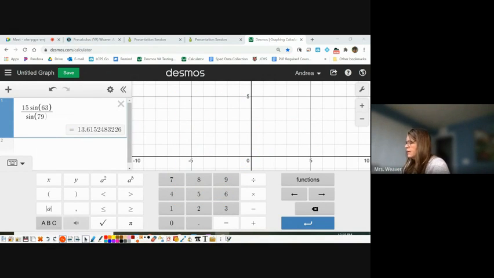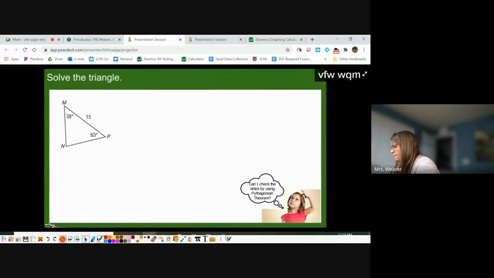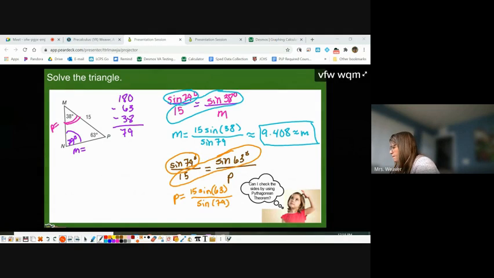Okay, and what did you get? I got 13.615. If we're rounding to 3 decimal places, 13.615. So P is approximately 13.615. Did I say 15? Yes, 15.615. That looks like a B.